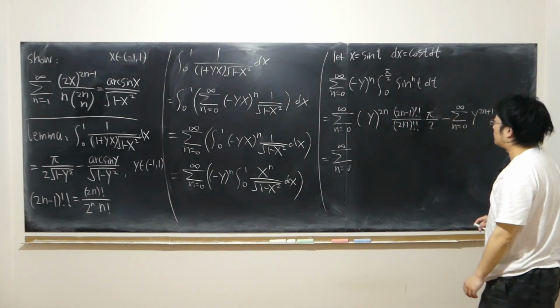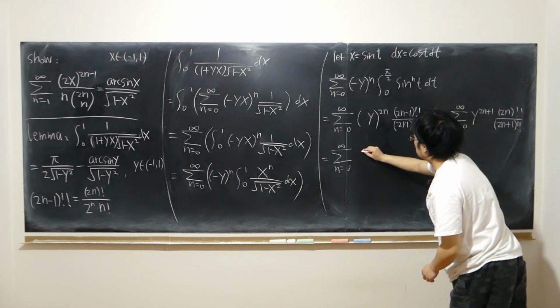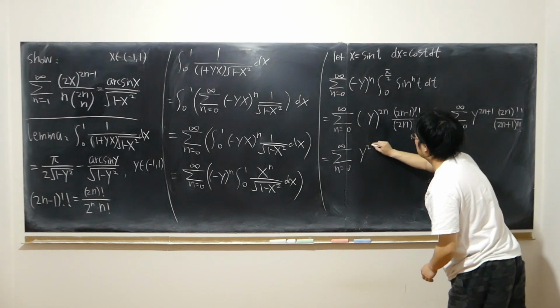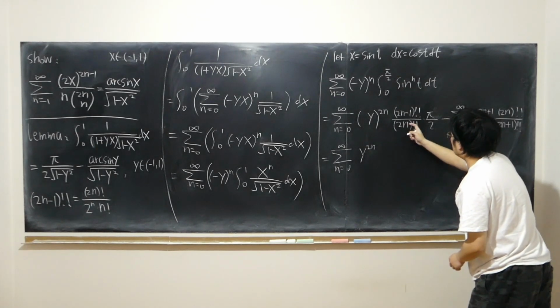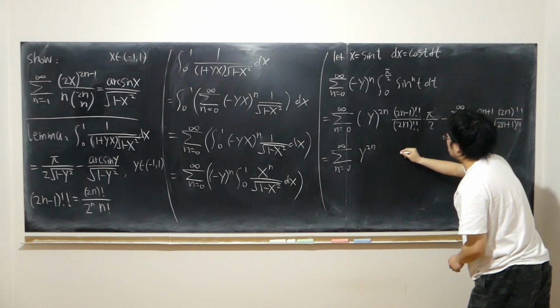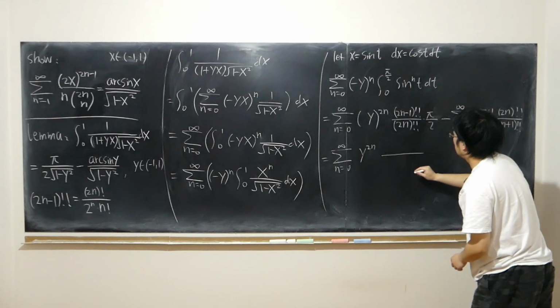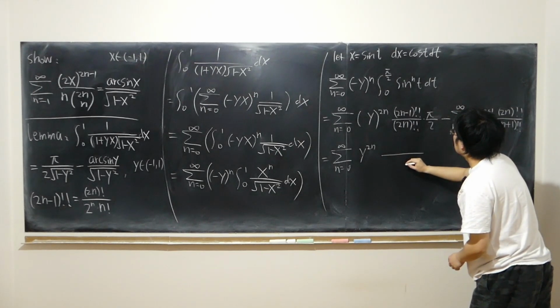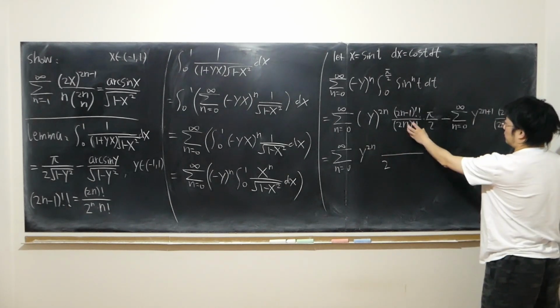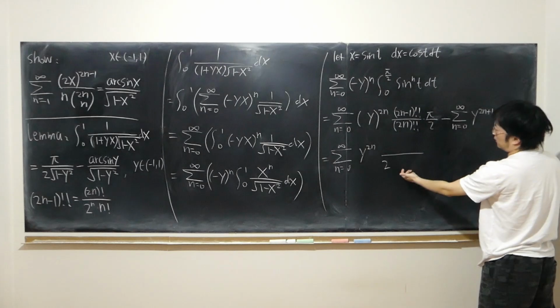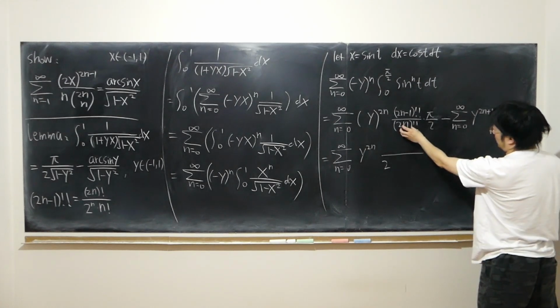I just rewrite it. Since it's y to the 2n, copy that down, and again 2n double factorial. I'm going to rewrite it. So 2n double factorial is the product of all the even numbers starting from 2, 4, 6 all the way to this number.